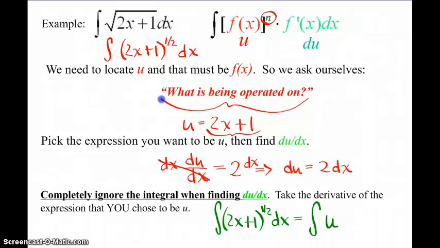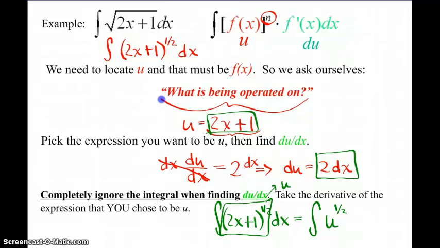Well, u, I said, was 2x plus 1, raised to the power of 1/2, and du is 2 dx. So now I have this rewritten as u to the 1/2. All I have left is 1 dx. I don't have 2 dx's, so I have a problem.